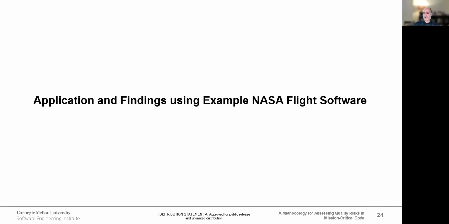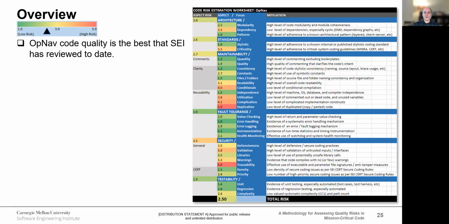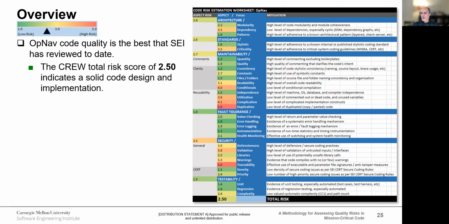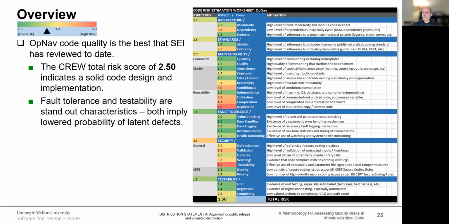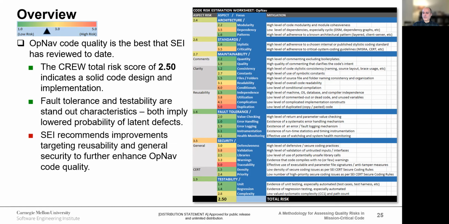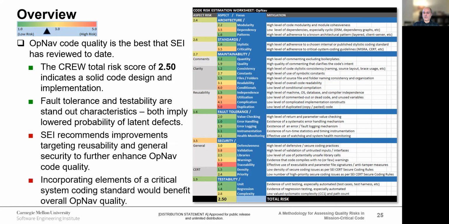Next, let's take a look at the resulting outputs that we typically brief to our customer. We usually start our briefing by showing the CREW results tab with the overall and component aspects and focus scores. Then we cover the main positives as green bullets and areas for improvement as red bullets, as discerned from the CREW results.